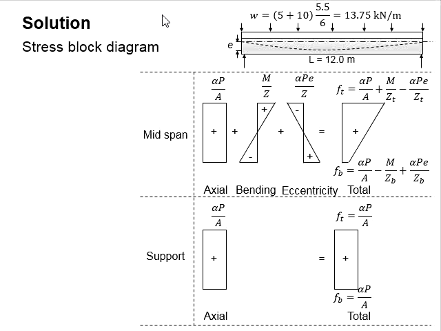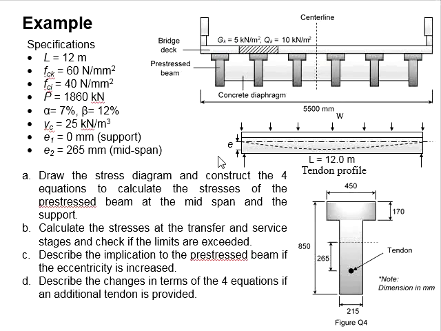To solve these questions, first you need to determine the UDL acting on each of the beam. It is given that 6 units of the pre-stressed beam is used to support a bridge deck of 5.5 meters.